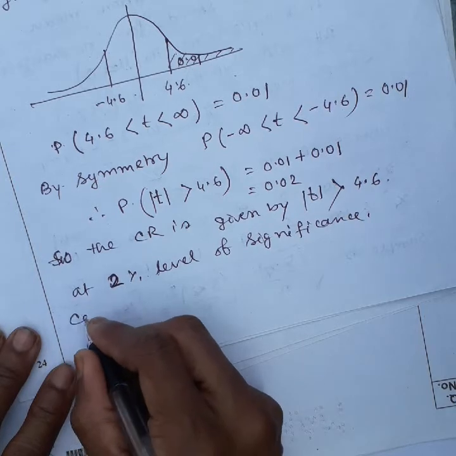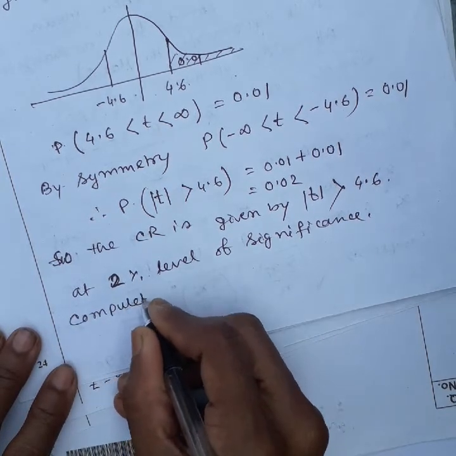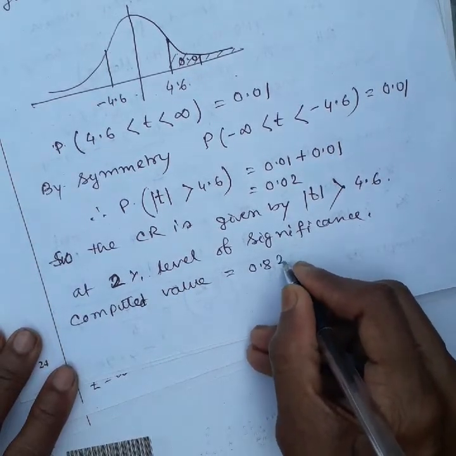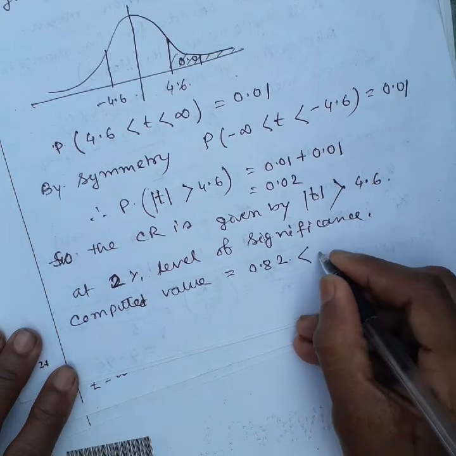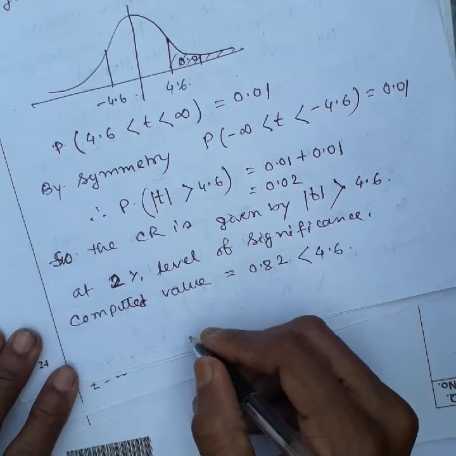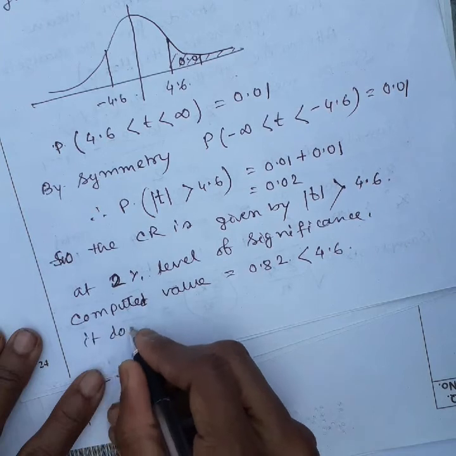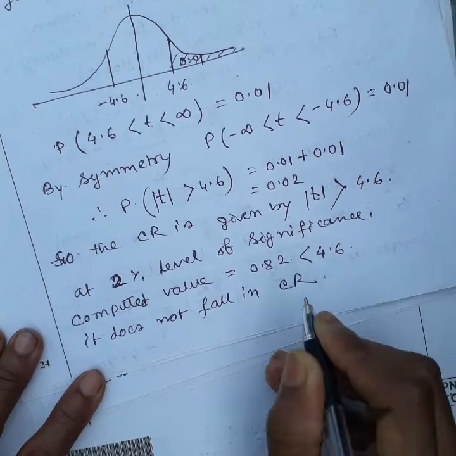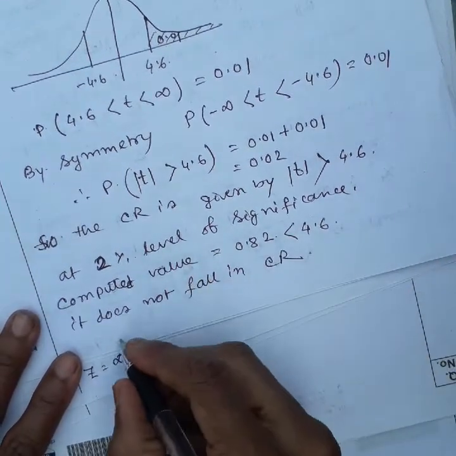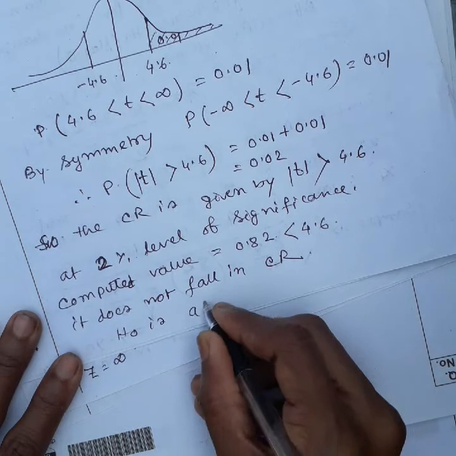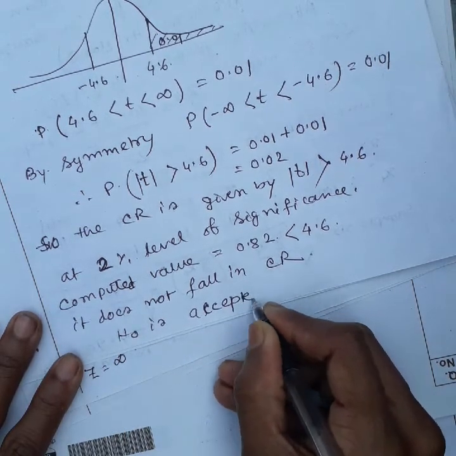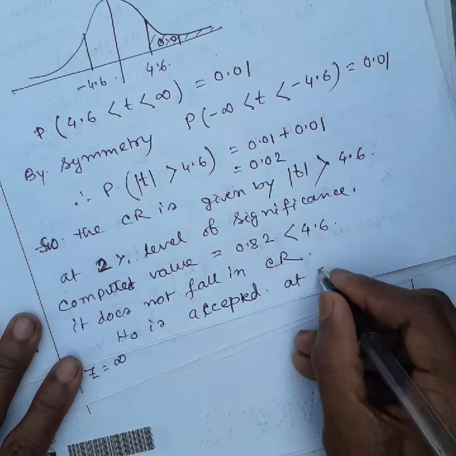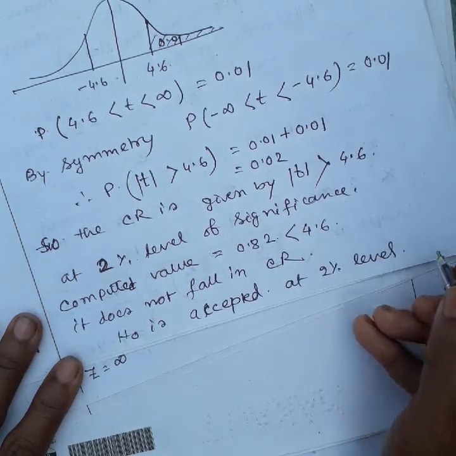And our computed value 0.82 is less than 4.6. That means it does not fall in the CR. So H0 is accepted at 2% level.